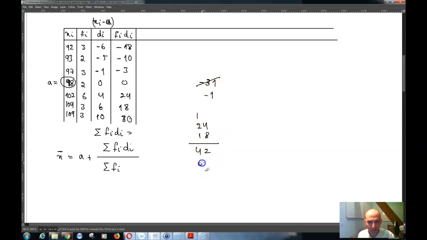Subtract the 1 from it is 41. That is 41. That's sigma f of I d of I.